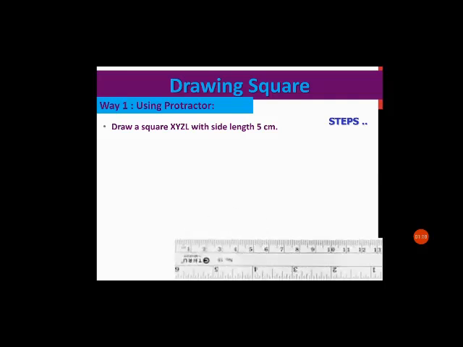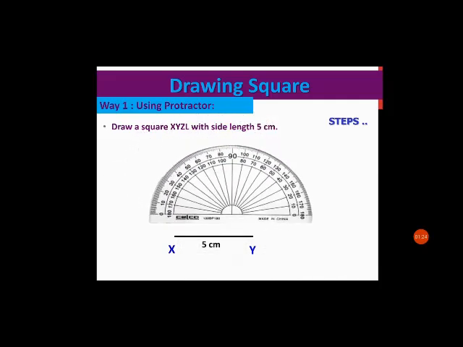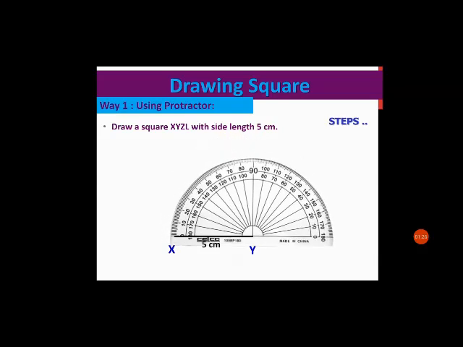First of all, we will draw the side which is 5 centimeter long, and this is the side XY. As long as we know that the angle is 90 degrees, we will use the protractor in order to draw the 90 degree angle. Don't forget to put the center of the protractor exactly on the starting point Y, and the base line of the protractor not shifted downward or upward.